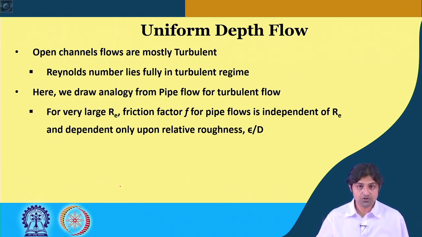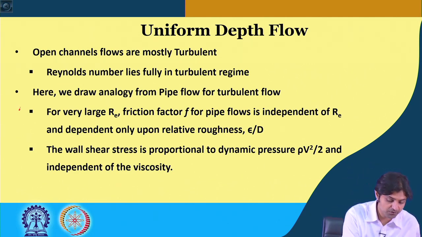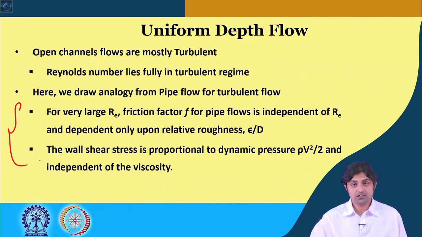For very large Reynolds number, friction factor F for pipe flow is independent of Reynolds number and dependent only upon the relative roughness epsilon by D, and the wall shear stress is proportional to dynamic pressure rho v square by 2 and is independent of the viscosity. We know this from pipe flow, and the scientific community applied this analogy to open channel flow.